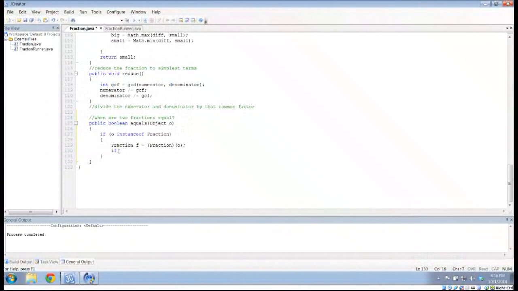So what I'm going to do is I'm going to say if, fraction, well, fraction is f. So if f dot get numerator times, now I need to refer to myself. And one of the ways that we refer to ourselves is we use the this object. So this dot get denominator.